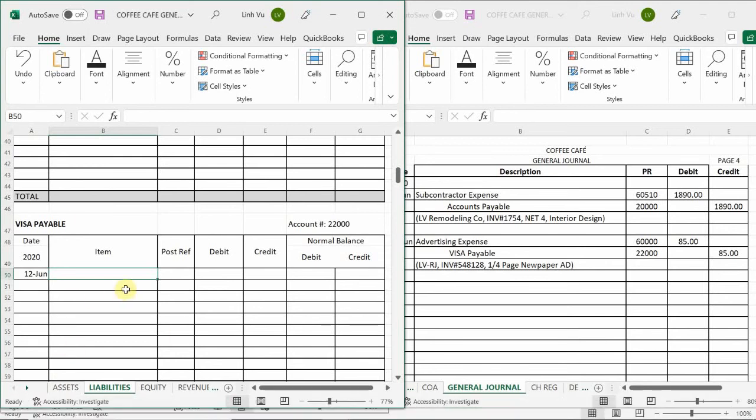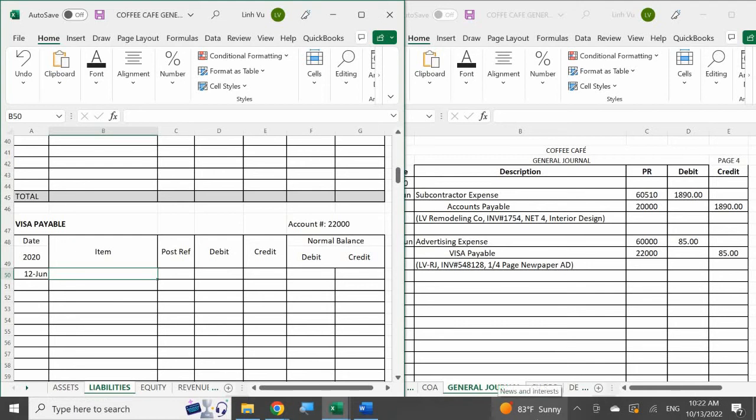Okay? So in this case, we use this business credit card on the 12th to buy a newspaper ad. And then if you want to put the location on there, you can, so you can double verify. Then you could say Las Vegas Register Journal.